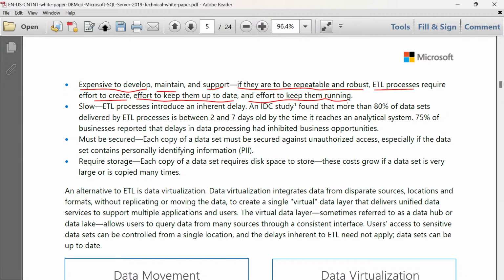It means if you need a robust, consistent database system, it will cost you more. Why expensive?